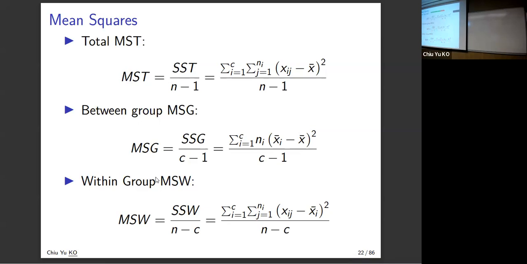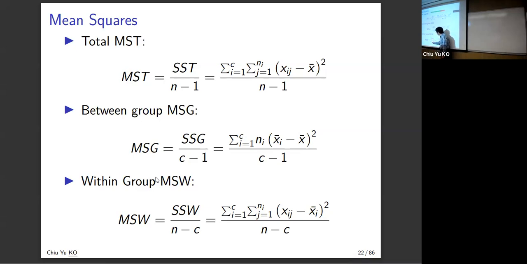So I don't expect you to remember this formula, but I expect you to know how you get it. Because there's n, and you estimate only one mean, there's n minus 1. That's the standard thing we do. And here, because you replace everything by the group mean, there's no variation within group, only C different values, so C minus 1.